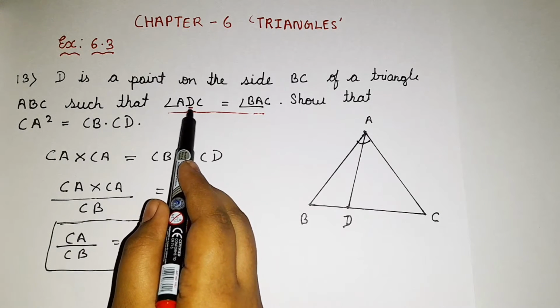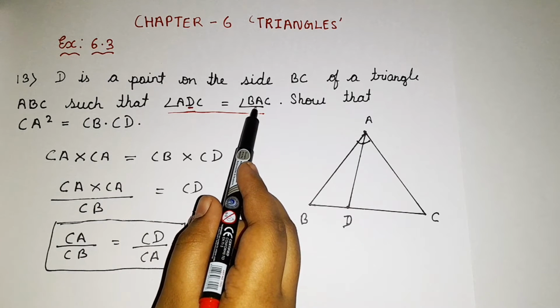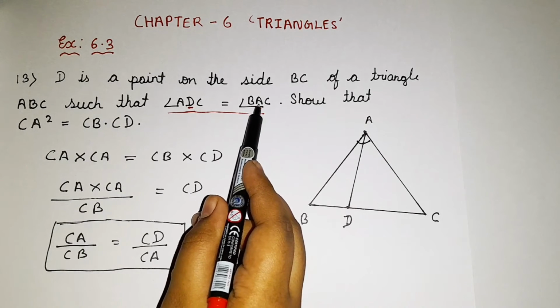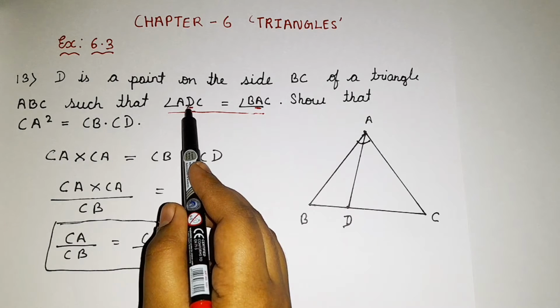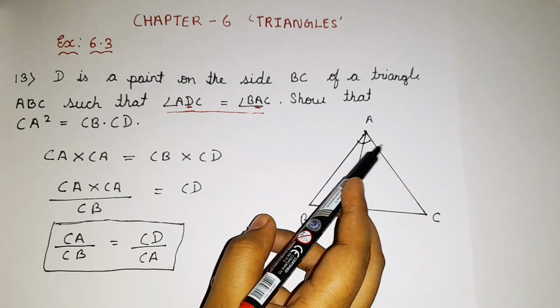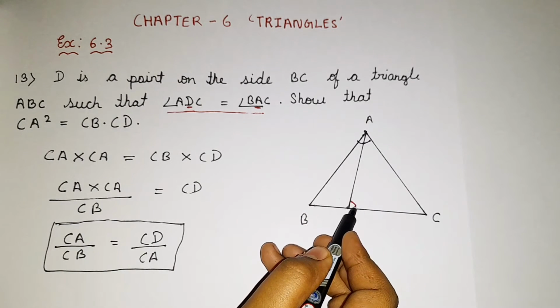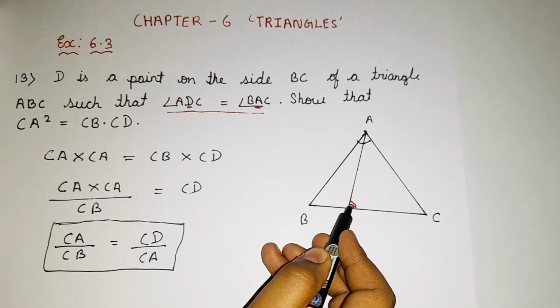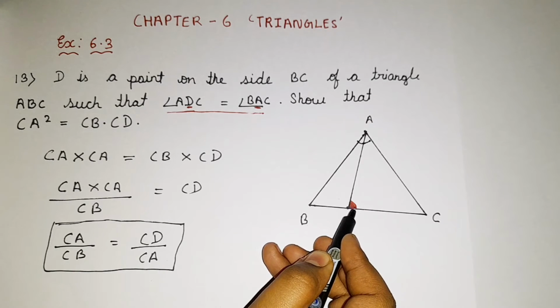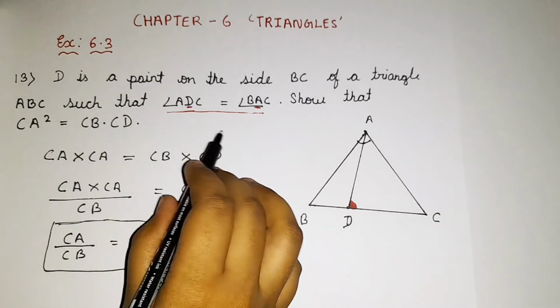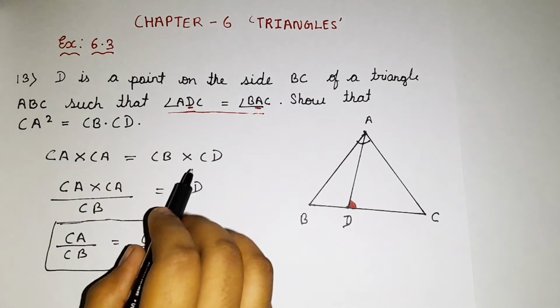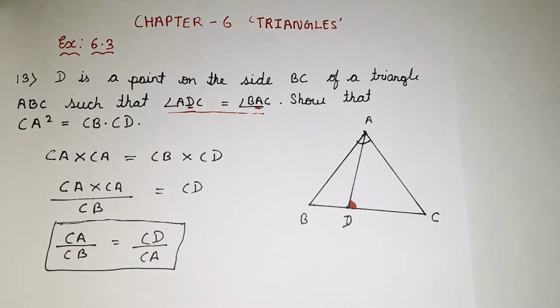The middle one is D here, and here it is A, so this angle A is equal to angle D. They are just mentioning that. It is already given in the question, so there's no need to explain in detail. We can just write this as it is.